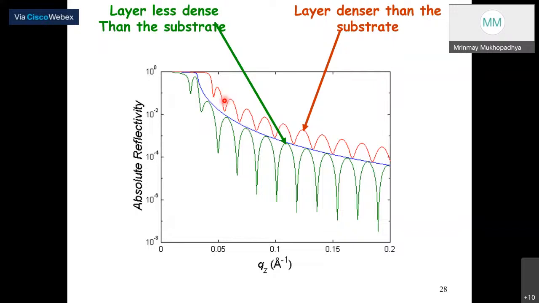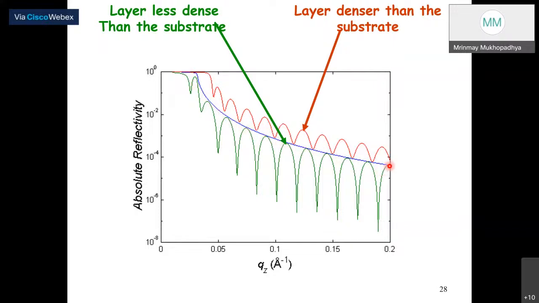And then if your sample has a higher density than the substrate, then you will have this kind of reflectivity profile, which is basically the bottom of these peaks. So basically the dips are the convolution of the substrate.